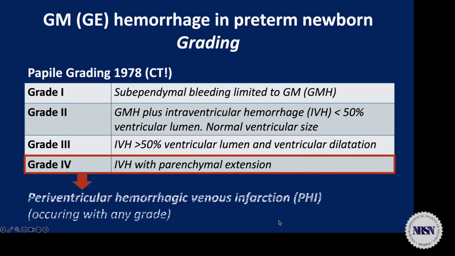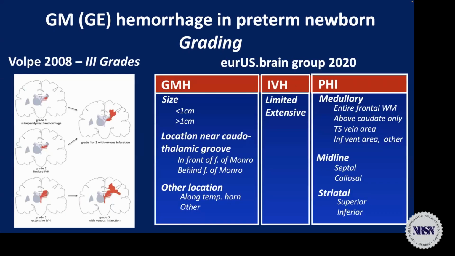In the most recent years, we changed our view, and Volpe in 2008 made a first modification of this Papile grading, and more recently, the European ultrasound brain group subdivided the germinal matrix hemorrhage in a more complex grading, considering not only the germinal matrix hemorrhage, but also the presence of the intraventricular hemorrhage, and in particular, the presence of periventricular hemorrhagic infarction, PHI.